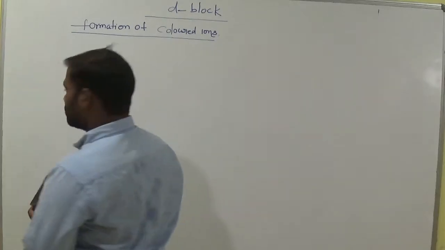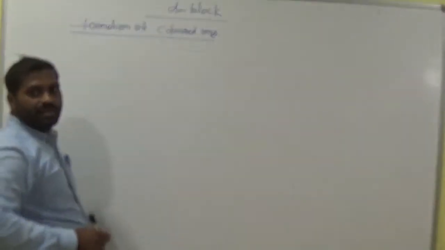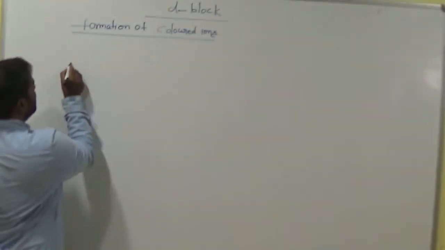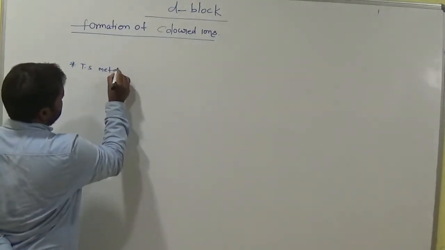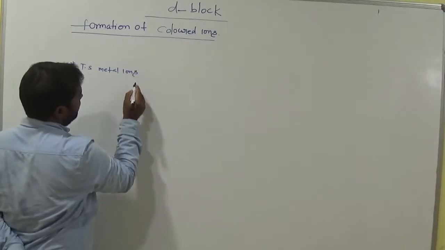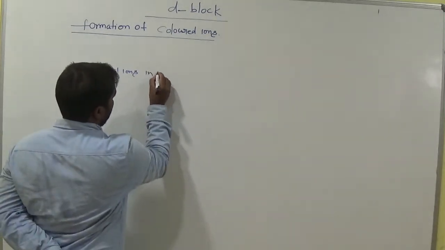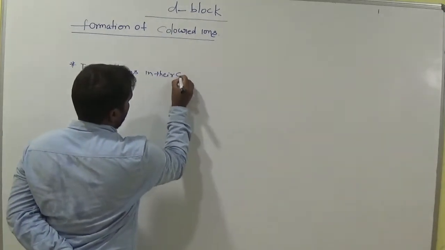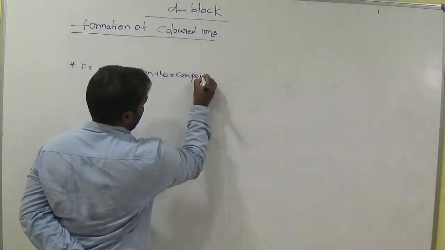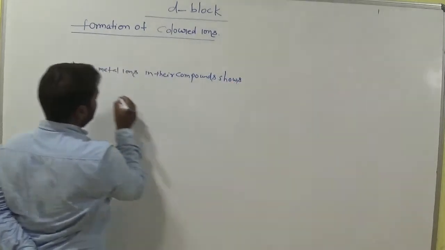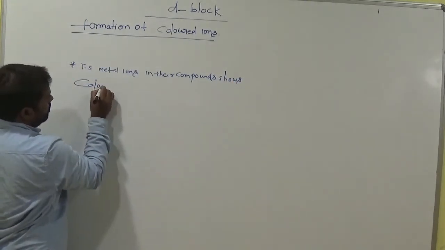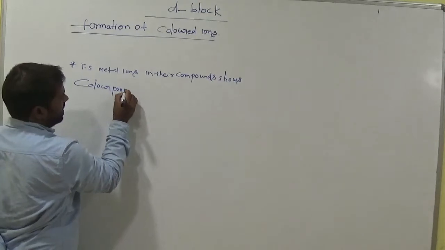Okay. Let us write one more. What is that? Transition metals in their compounds show the color property.